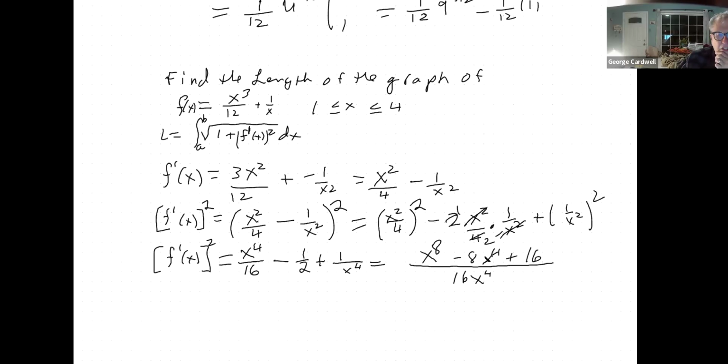Okay. So now I've just rewritten f prime x squared into a little cleaner looking fraction, because the next thing I have to do is add 1 to it. Right? That's what the formula says to do.